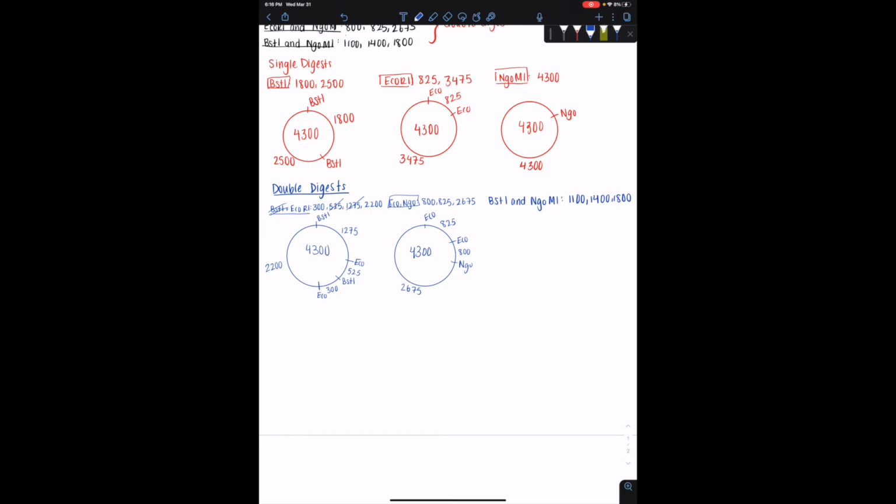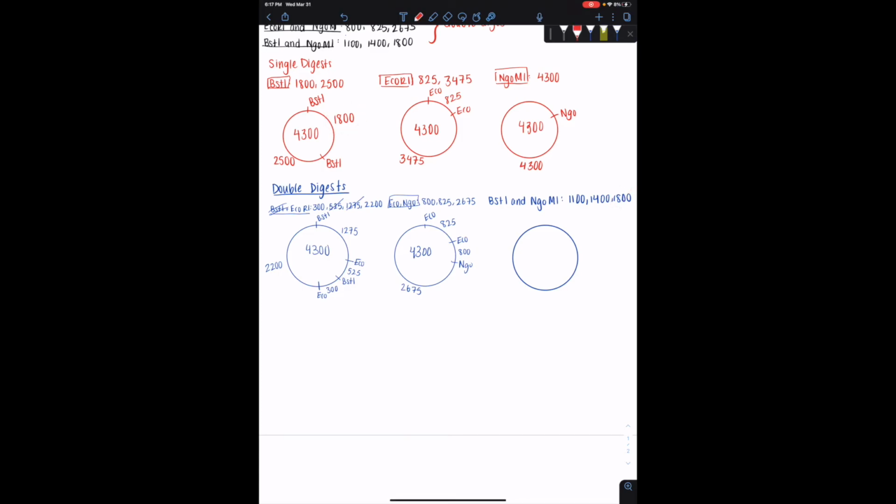Going to draw a circle. And let's use the B single digest to make this double digest, since it has more cuts than the engo single digest. It has 1800 and 2500, which is convenient because we see 1800 here and 1800 here, so we could already cross that off.